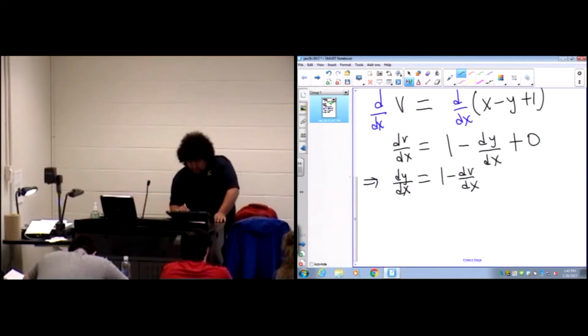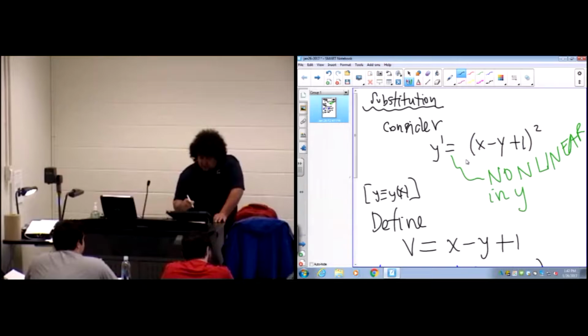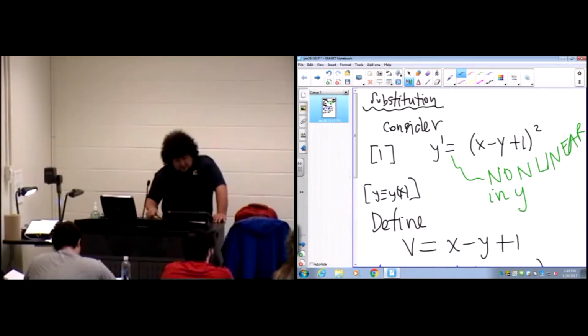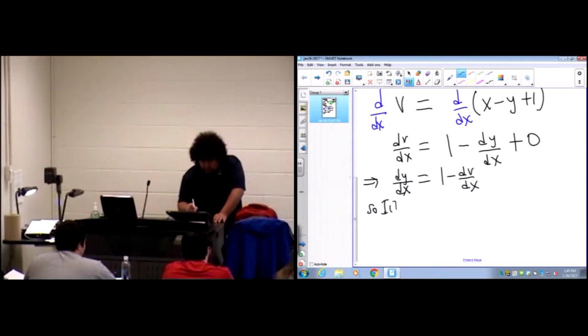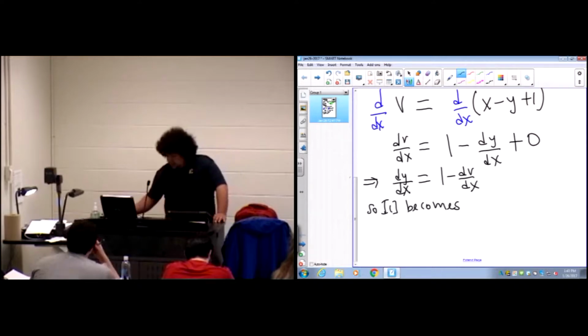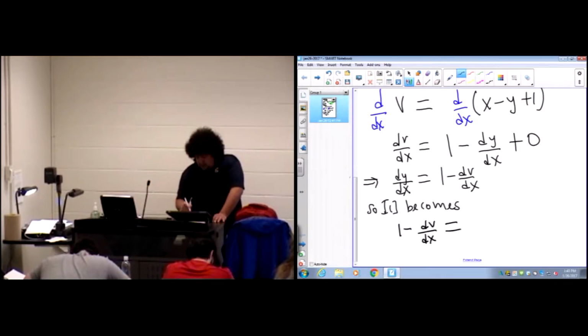I'm going to call the original differential equation, y prime equals the square of that expression, equation 1. So equation 1 becomes the following. We have y prime is 1 minus the derivative of v, and that is equal to v squared.